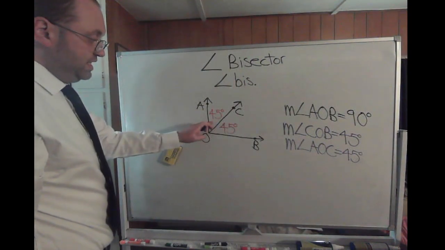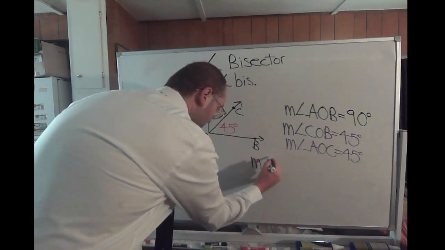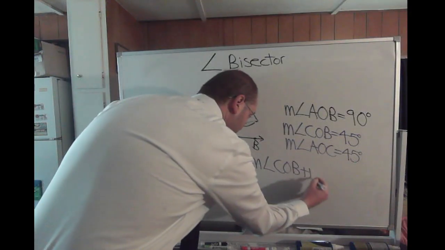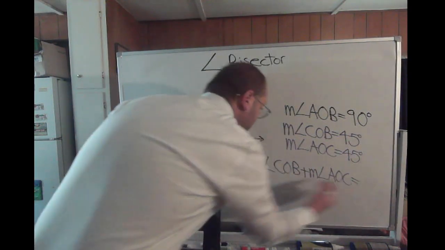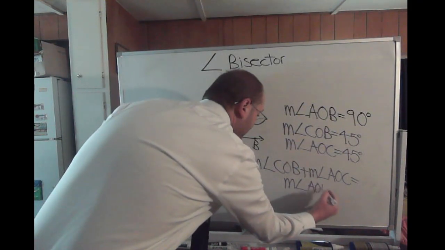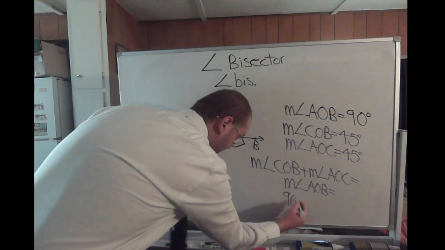If I add these together, the measure of angle COB plus the measure of angle AOC equals the measure of angle AOB, which would equal 90 degrees.